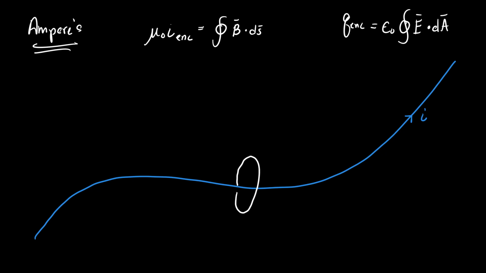It has to be a completely closed loop that encloses a current. This tells me to add up all of the magnetic field along a single closed loop. If I add it up, this is what's called a line integral. So raise your hand if you've heard the word line integral before. This is a line integral. You're integrating across a closed path, a line. It will equal the amount of current enclosed.